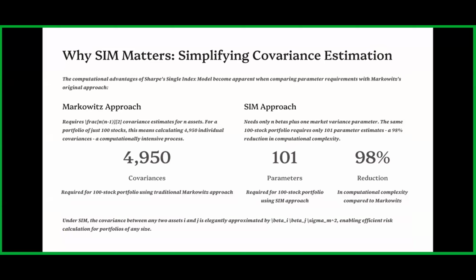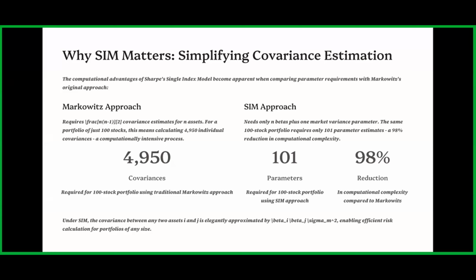We compare the Markowitz portfolio theory with the single index model. Consider 100 companies and 100 stocks, and we need to select the best ones. According to the Markowitz portfolio theory, that requires n(n-1)/2 covariance estimations for the n assets.